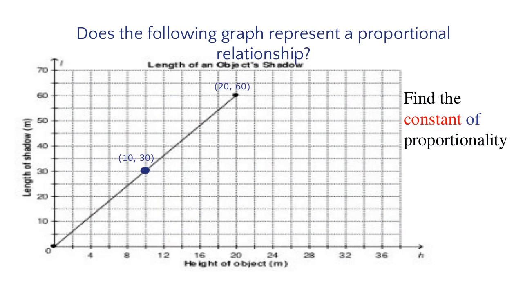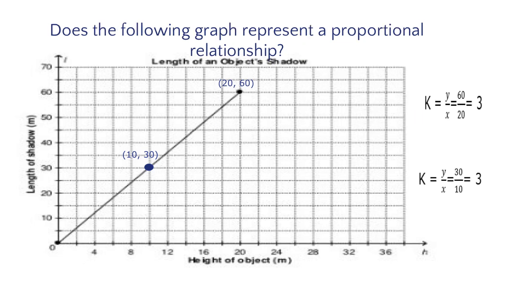Does the following graph represent a proportional relationship? And find the constant of proportionality. The answer is yes, it is proportional. It is a straight line, and that straight line does pass through the origin, so that makes it proportional. And we can identify the constant of proportionality by looking at the 2 points that are given to us.